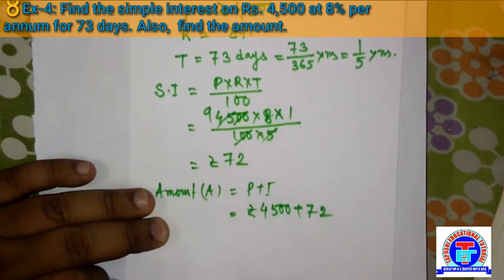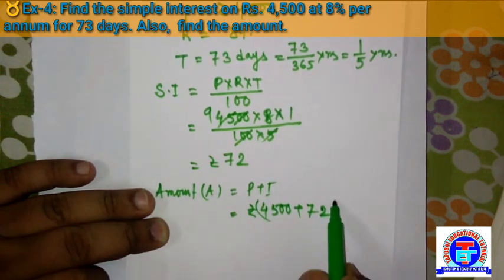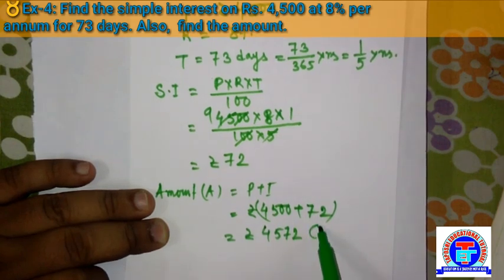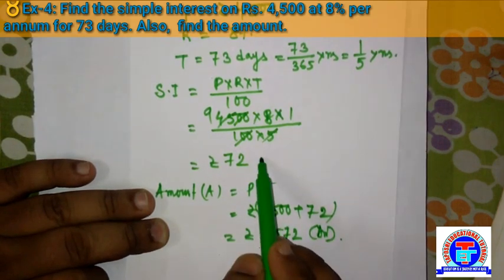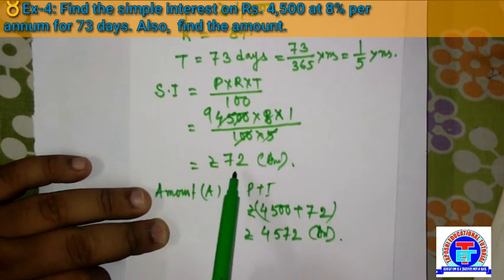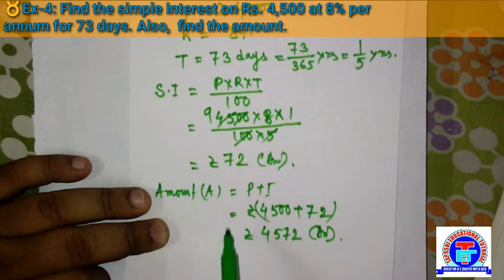So the amount will become 4,572. So this is the answer. The interest that we got is 72 rupees and the amount that we got is rupees 4,572.